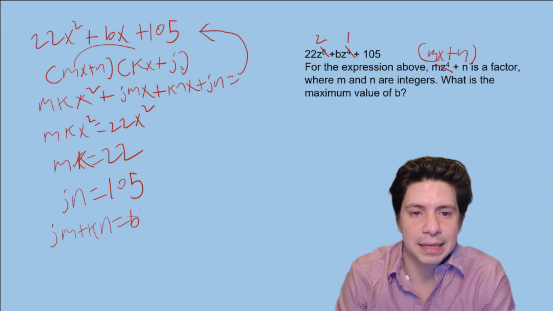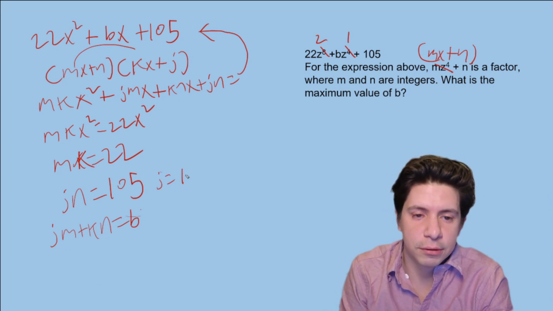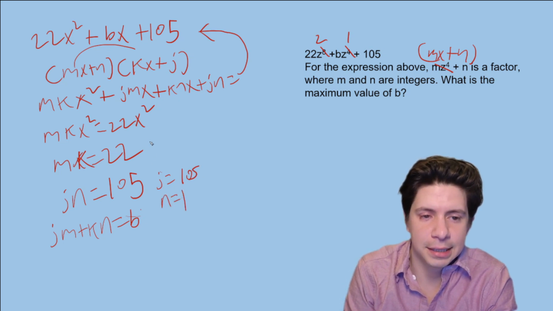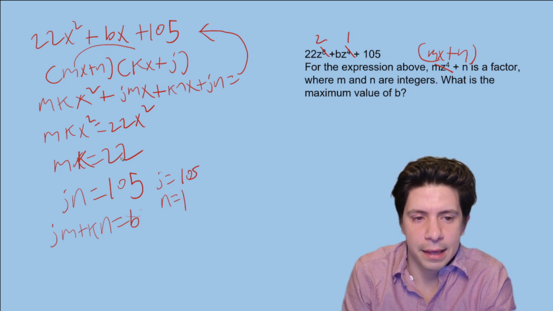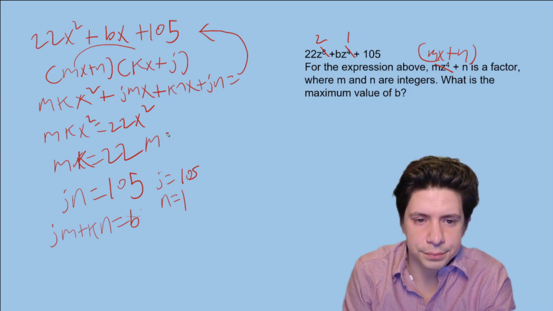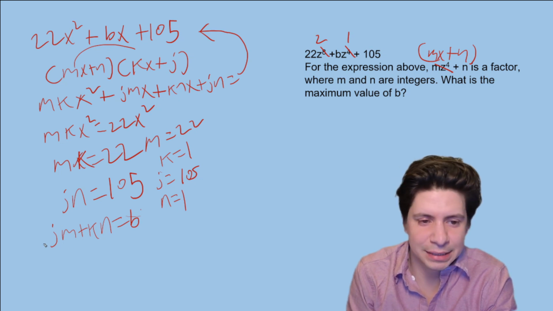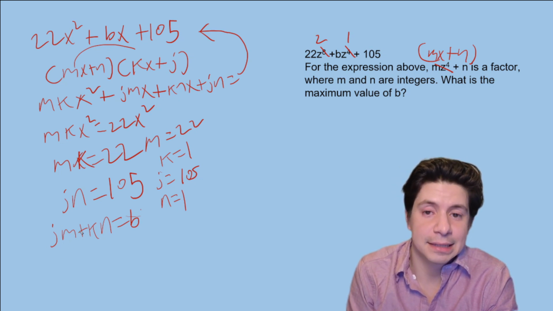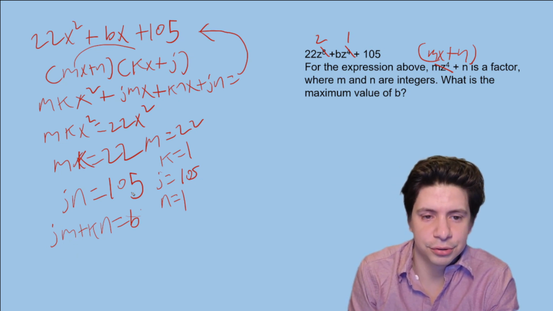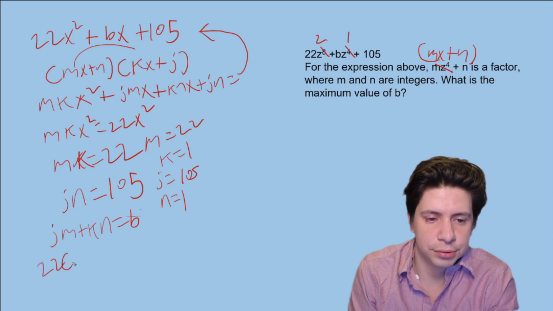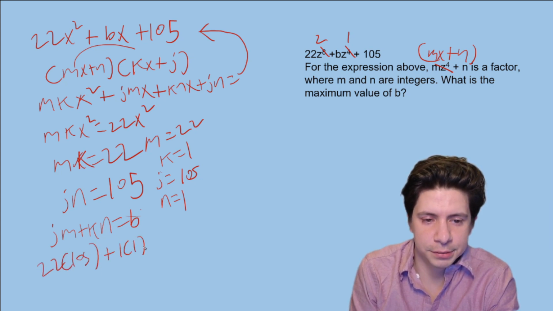So that would mean saying like j is 105 and n equals 1, and then m equals 22 and k equals 1. Because that will maximize this number, and that's the best way to make the biggest area. So we're going to do 22 times 105 plus 1 times 1.